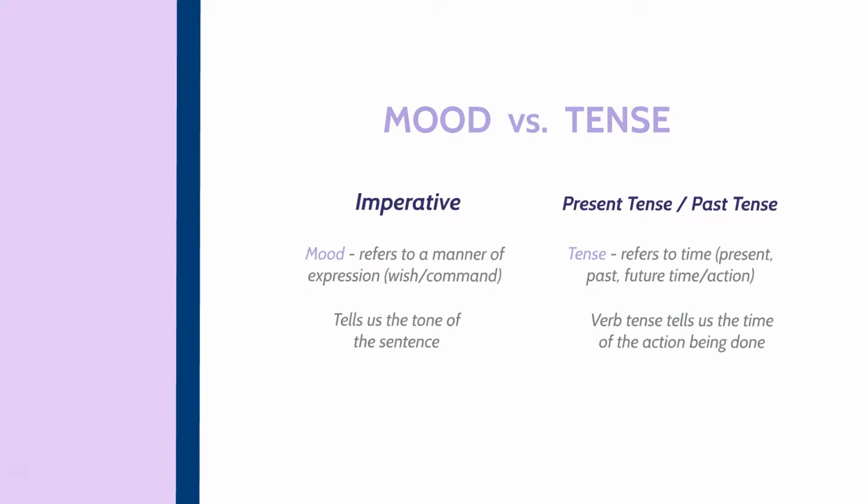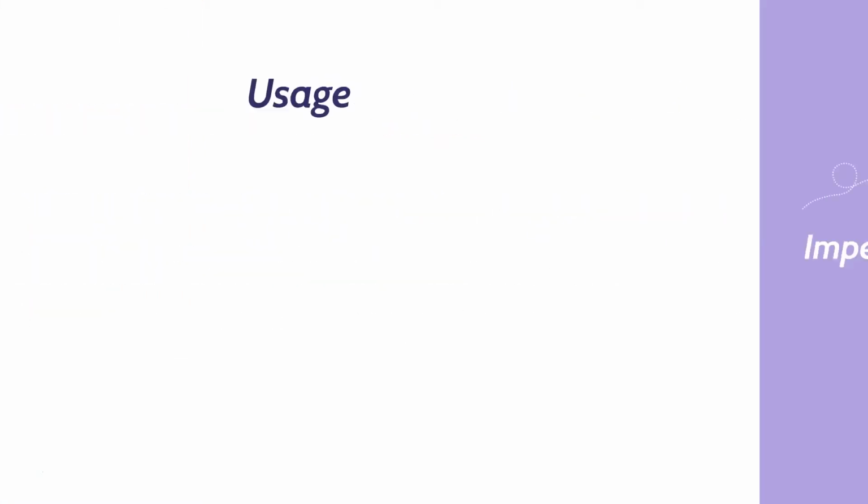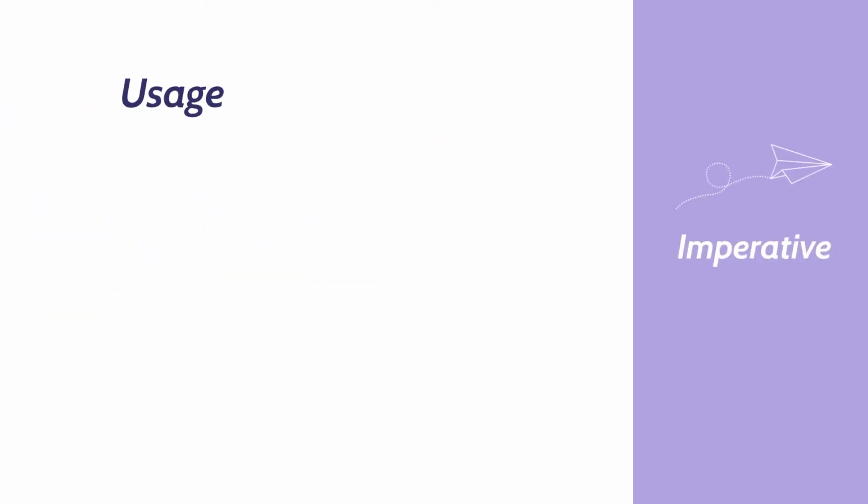Before we learn how to form the imperative, it's important that we understand why and how it's used. It's primarily used to give commands or orders, to provide instruction, and give directions. In everyday usage, the imperative is used for giving directions.